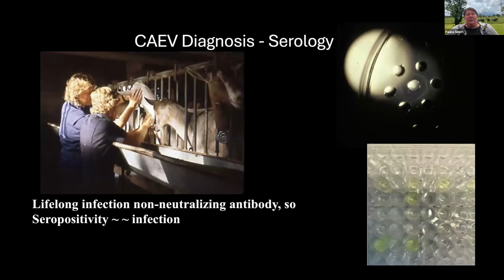So when we think about retroviruses, and we think about the fact that they are a lifelong infection, that the immune response is a non-neutralizing antibody, and this virus can hide in the body, to me, if we have confidence in the serologic test, that it is being run properly, and if you're working on an eradication program, I can say that in a herd, I will treat a seropositive animal as an animal that has an infection.